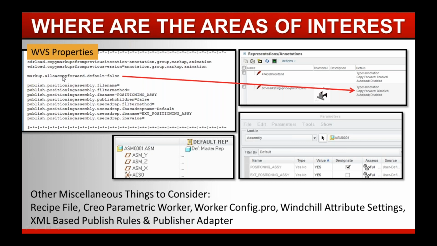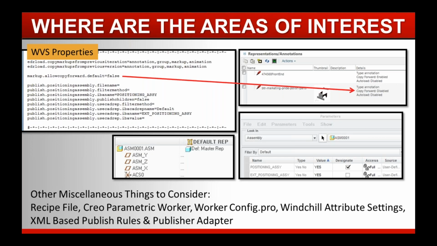But this one right here, this copy forward setting, I just entered an enhancement request for this. So this is the workflow that we have right now. These are the two workflows that I'm imagining most companies have.